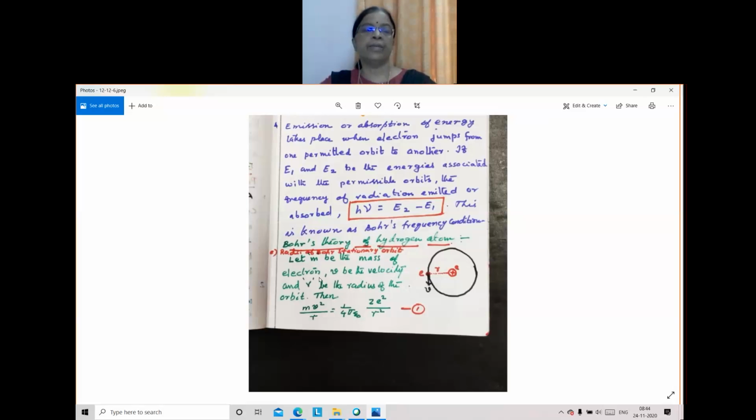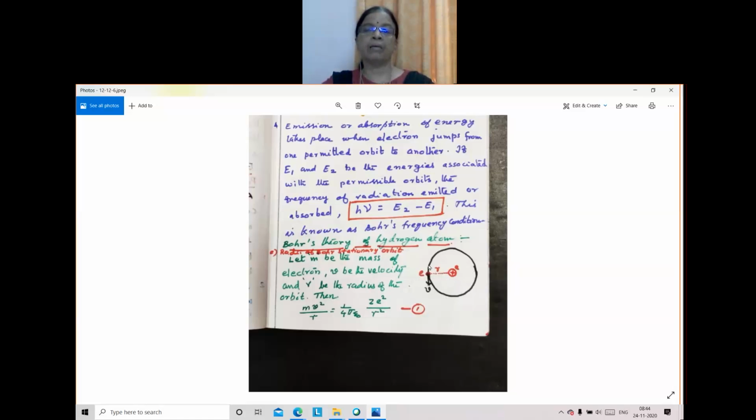That is very easy. Let m be the mass. You can see the positively charged nucleus. Suppose it has one proton, so the charge will be plus e. And one electron, which has the same charge but negative.